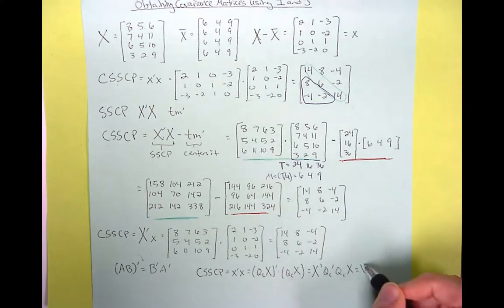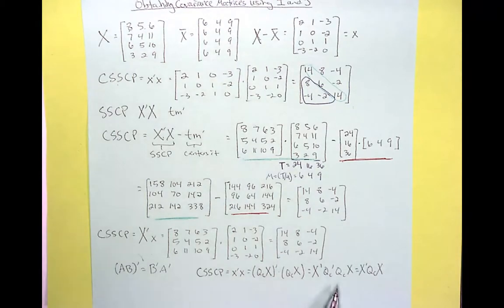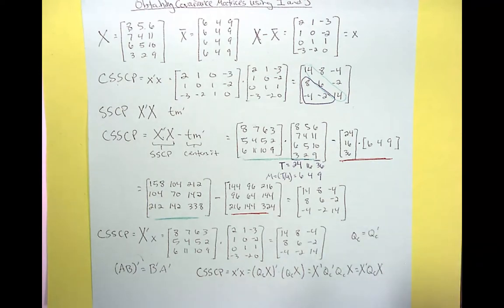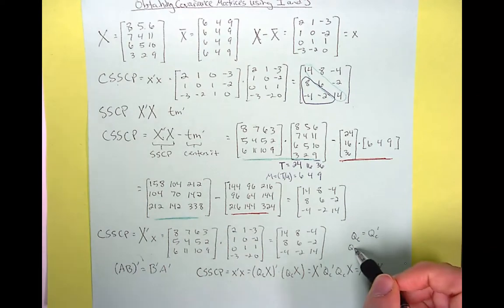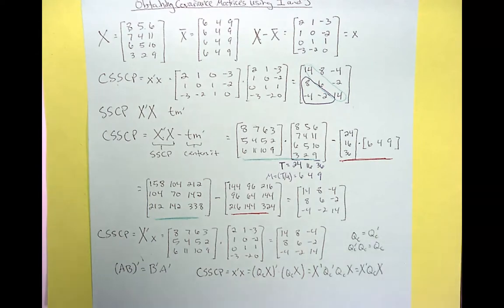Then we can say transpose of that times the centering matrix times x. And we demonstrated this in video 3.17 that the centering matrix does equal its transpose because it's idempotent. Therefore, the transpose times the centering matrix will also equal this.